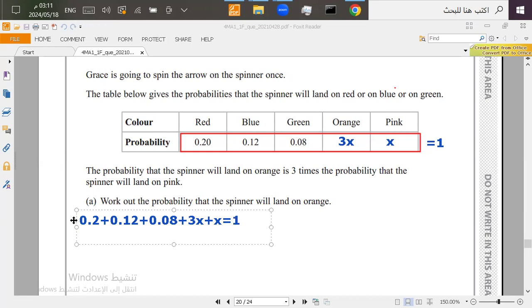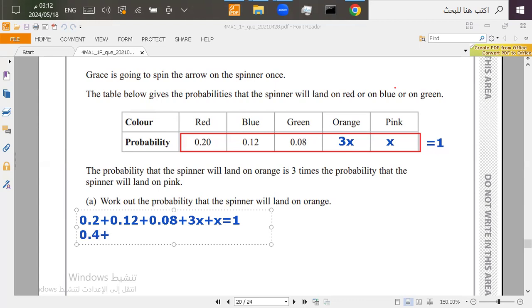Now let's simplify it. 0.2 plus 0.12 plus 0.08, the numbers together will be 0.4.